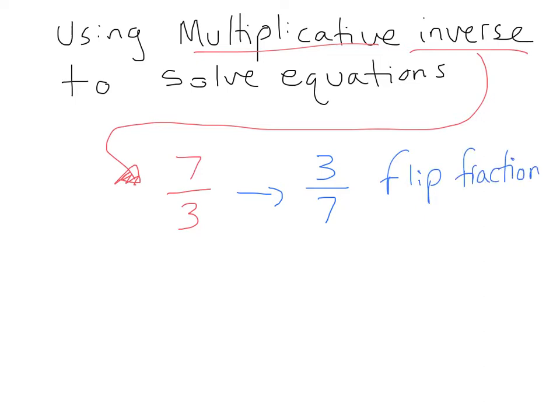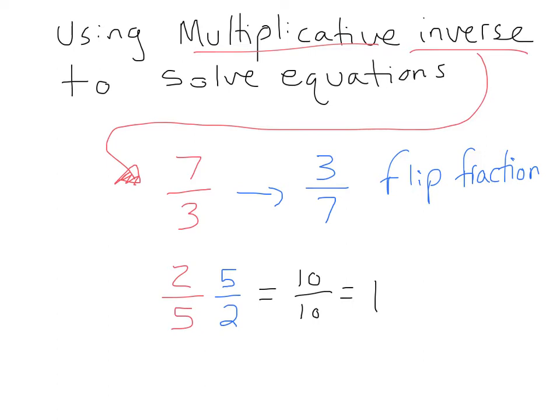The cool thing about these is when you take 2/5 and multiply it by its multiplicative inverse, or its reciprocal, guess what you get? Well, you've got 10 on top and 10 on the bottom, so the result is 1.